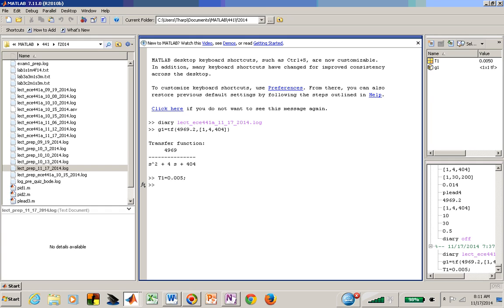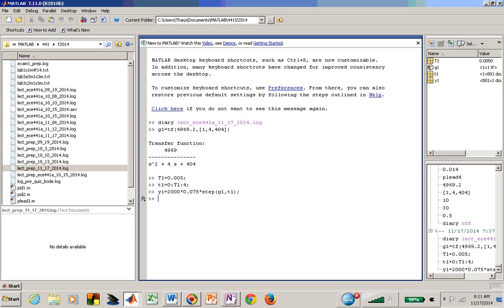I'm going to sample at 5 milliseconds. My time, I'll just call T1, is going to go from 0 up to, let's say, 4 seconds. And now Y1 is going to be 2000, a scaled version, times 0.075 times the step of G1, using time T1 as my time horizon. And I don't want to see all thousands of data points, so I'm going to follow that with a semicolon.